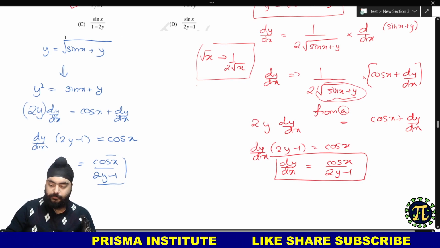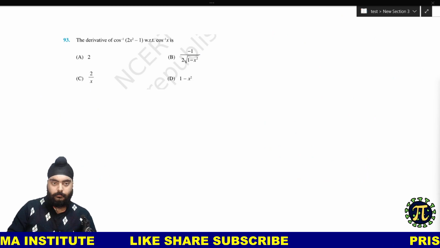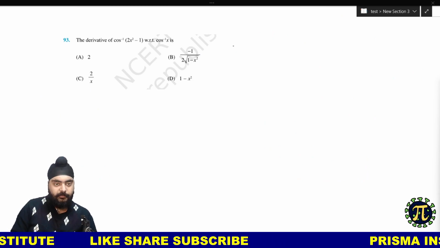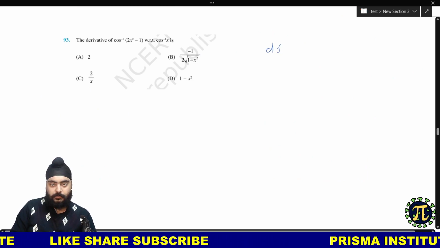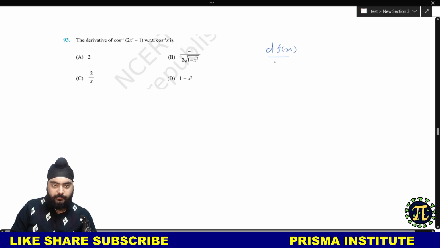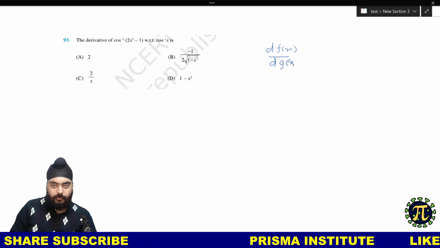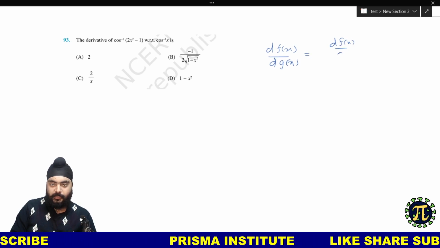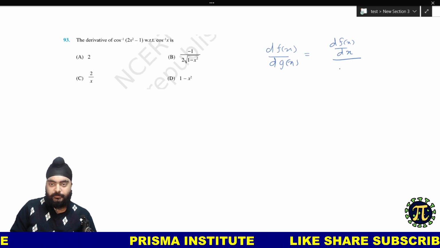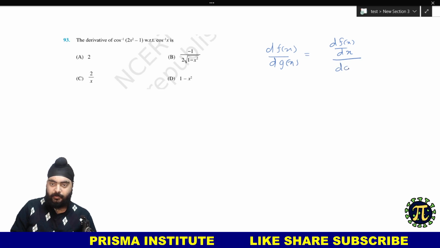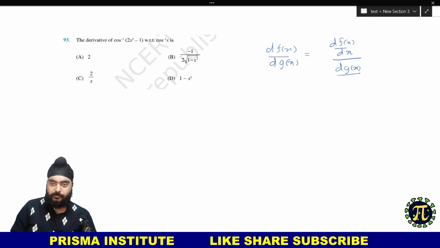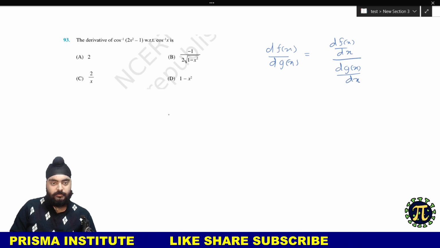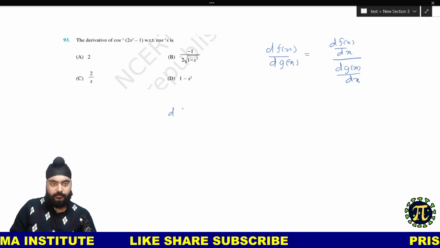So let's move to the next question. In this question we have to take the derivative of a function with respect to another function. To do this, you can take the derivative of the first function with respect to x, and divide by the derivative of the second with respect to x.